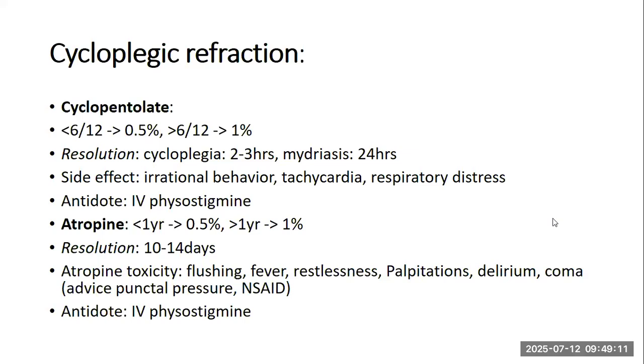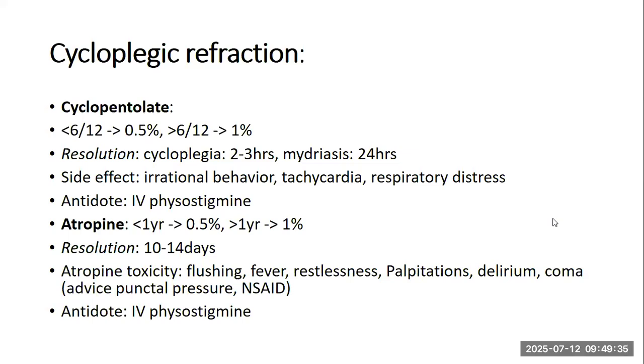So when we give it to the parent, we advise the parent on applying punctal pressure so that the amount that goes into the systemic circulation is minimal. And then if the mother notices any form of fever, the patient should take ibuprofen or paracetamol to reduce the fever.